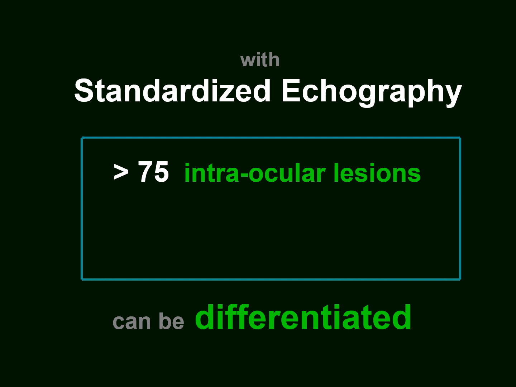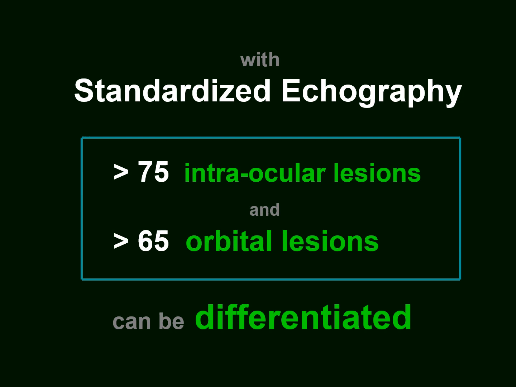And with standardized echography, more than 75 different types of intraocular lesions can be differentiated, and more than 65 different orbital lesions can be differentiated.